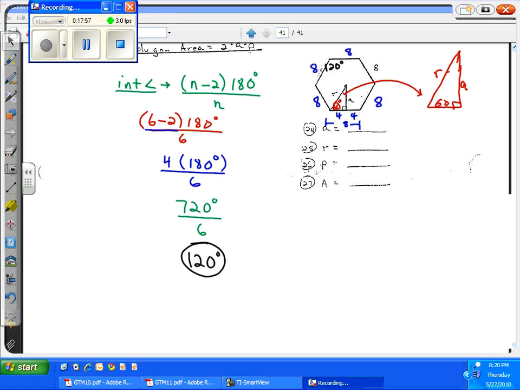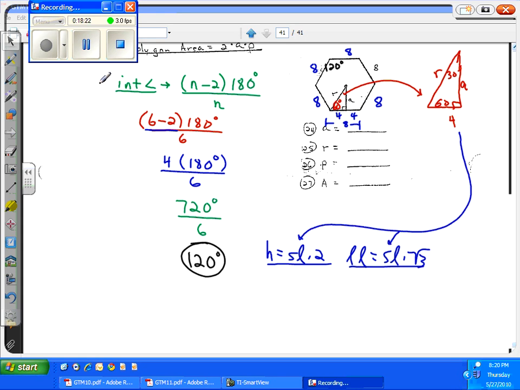This angle is 60, this angle is 30, and the short leg is 4. So we're going to use our 30, 60, 90 triangle formulas. Hypotenuse equals short leg times 2, and long leg is equal to short leg times the square root of 3.